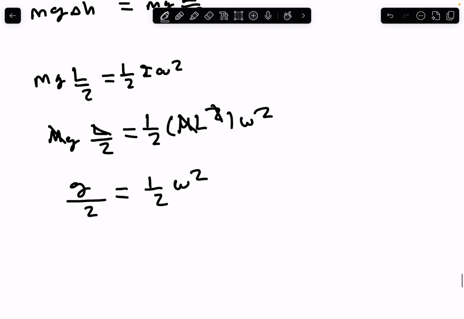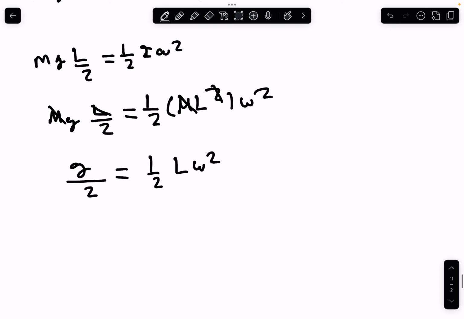Oh, wait one second. Sorry, it's not half omega squared, it's half L omega squared. So you also cancel the half. So the square root of g over L equals omega.